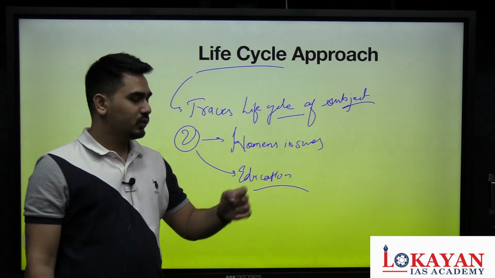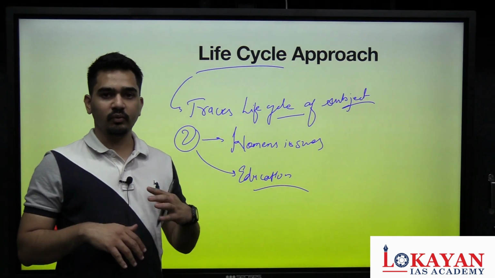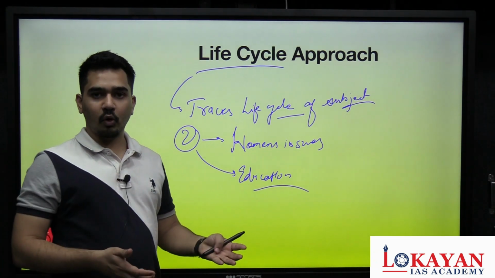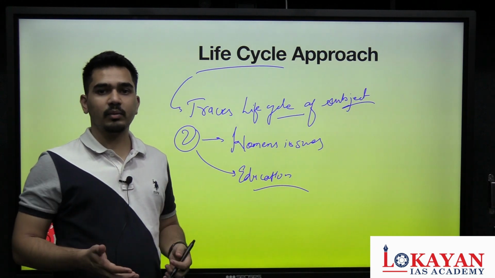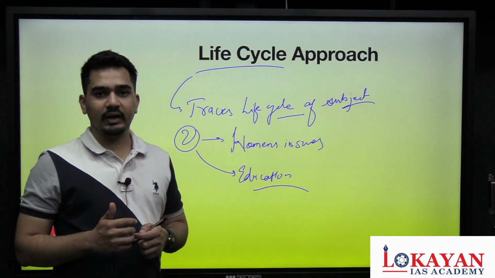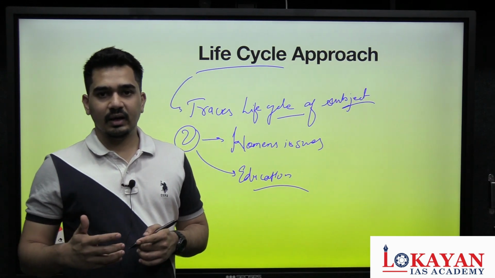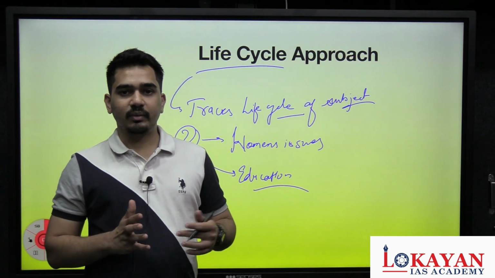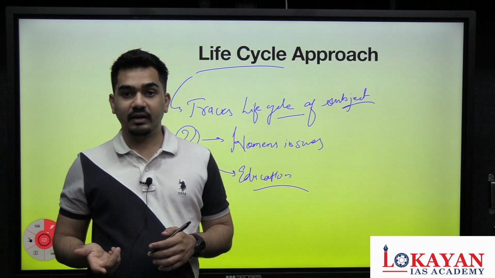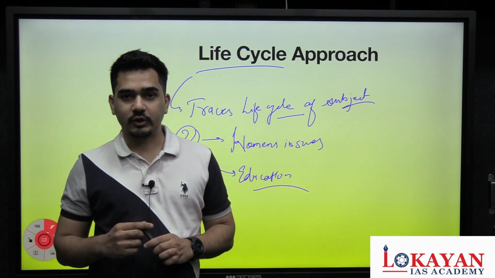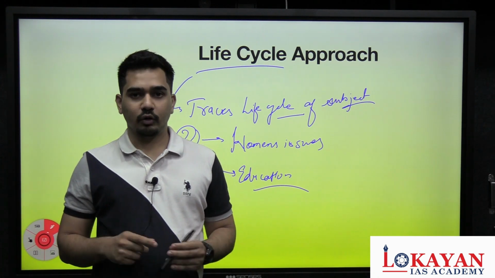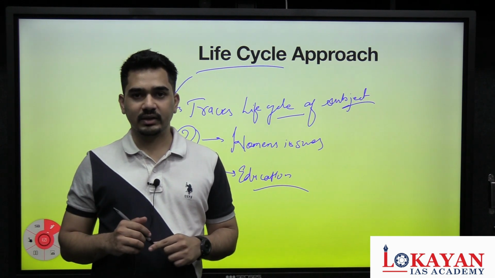So in women's issues we can talk about women facing issues even before they were born. Before they are born, they face issues like feticide, gender discrimination at that stage, early identification of gender, and selective abortion. We have all studied about male meta preferences.